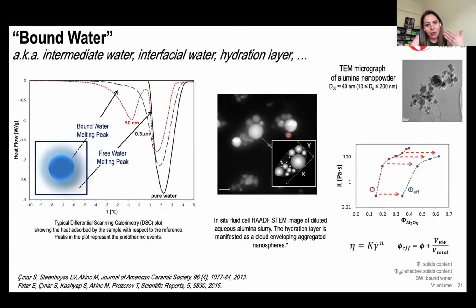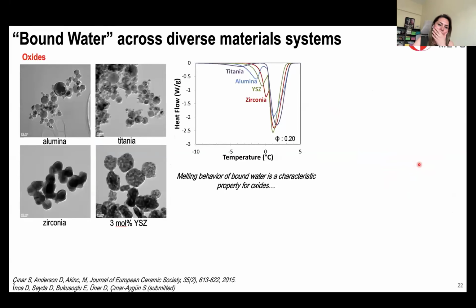Once we add all of those numbers into the equations, we realize that this 20 volume percent loaded suspension behaves like a 45 volume percent loaded suspension in terms of viscosity. However, if you sinter them or try to shape them, there's going to be a lot of volume change. That's why it was quite difficult to work with nanopowders at high solid loadings.